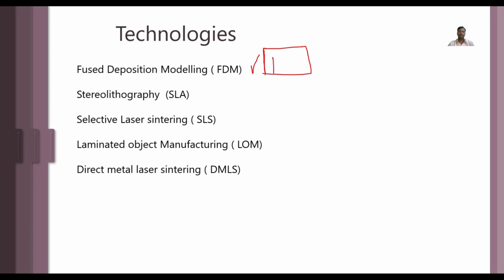You can print layer by layer, where there is a spool of ABS or PLA or some other polymer based material that comes through a nozzle maintained at a temperature of 200 to 220 degrees centigrade.